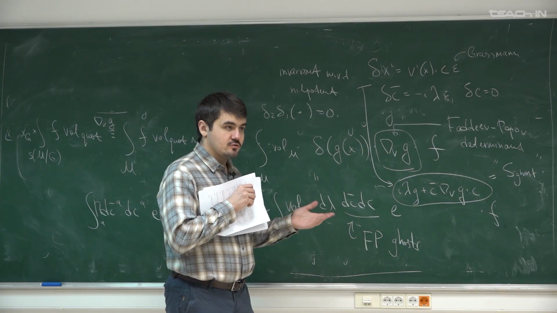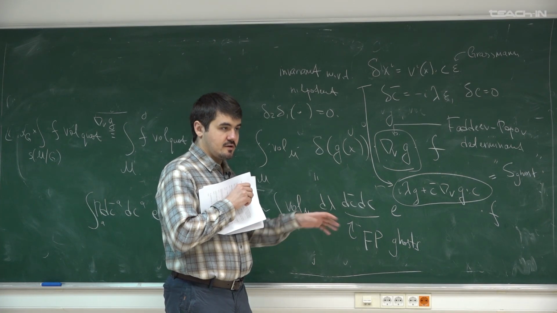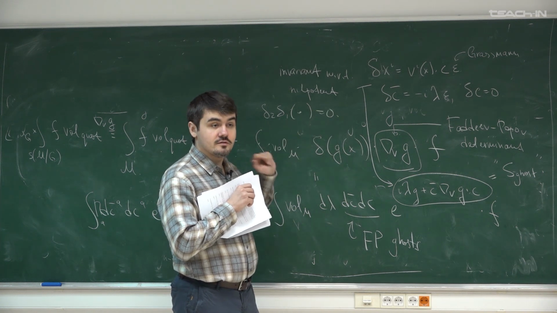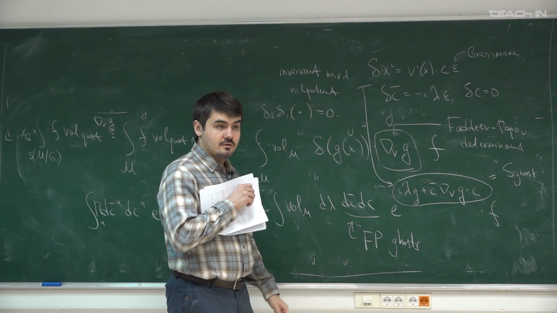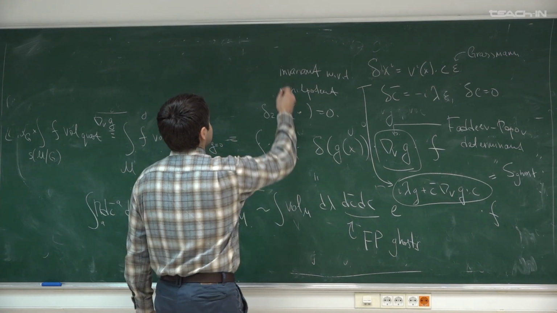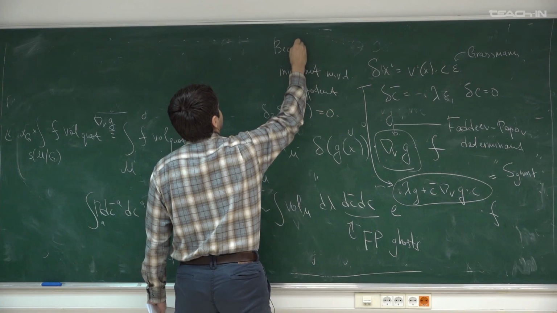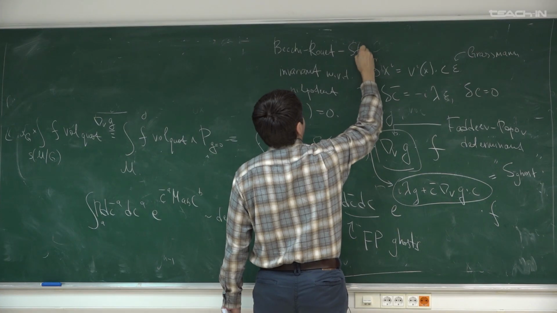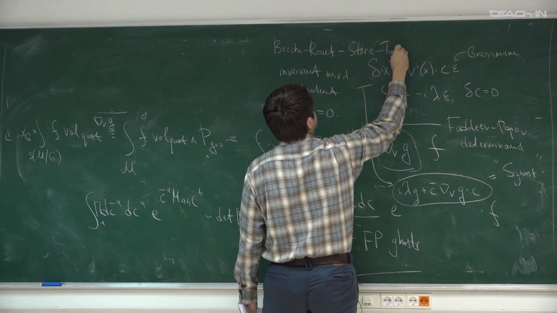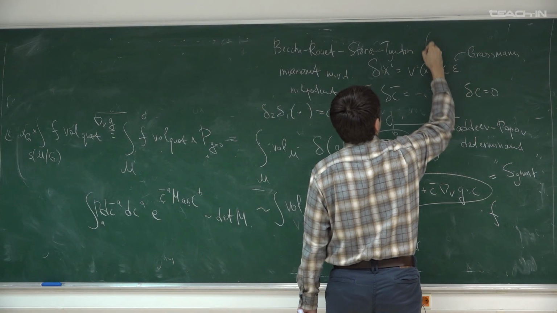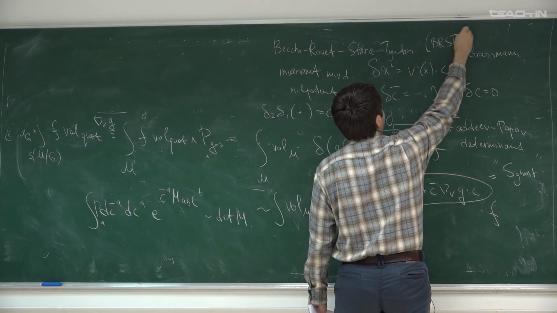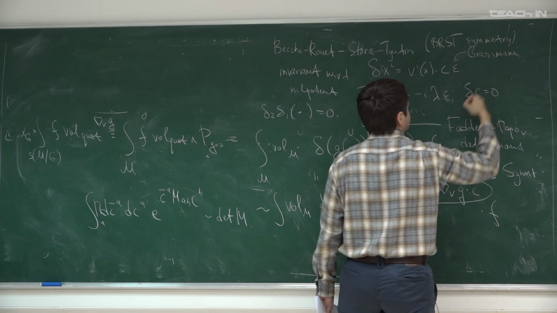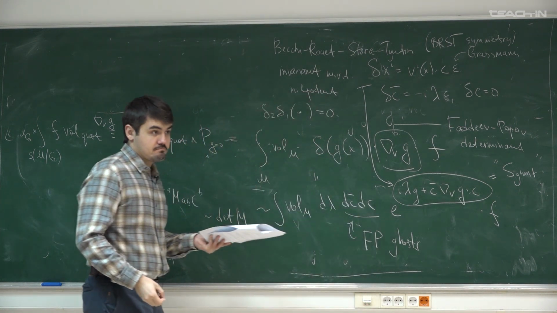Once you gauge fix, there is no longer gauge invariance, but there is something that remains from this gauge invariance, which is this nilpotent invariance, a global symmetry with a Grassmann parameter, which is called BRST symmetry. This is Becchi, Rouet, Stora and Tyutin. So this is BRST symmetry, a global symmetry with a Grassmann parameter.